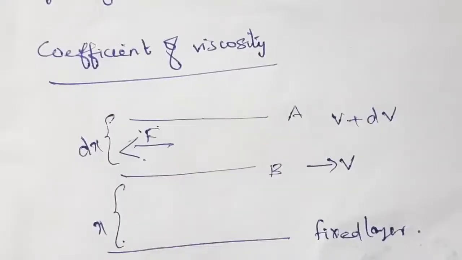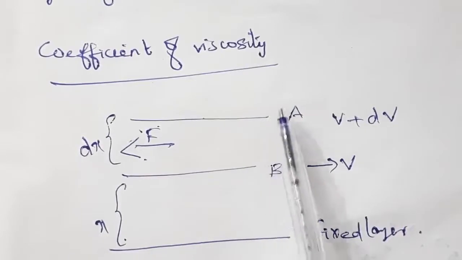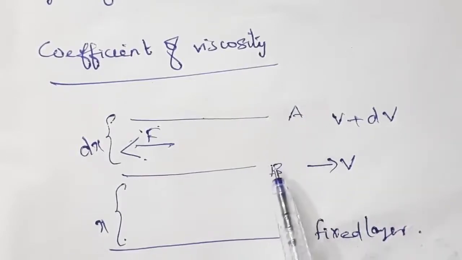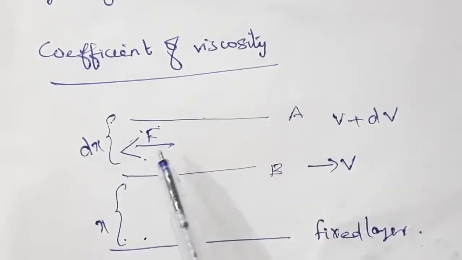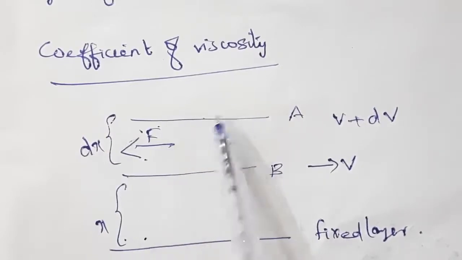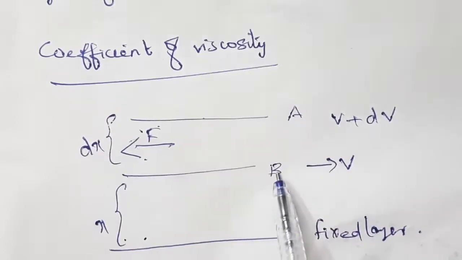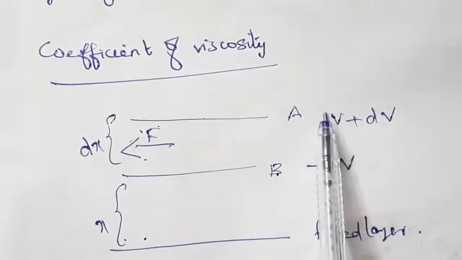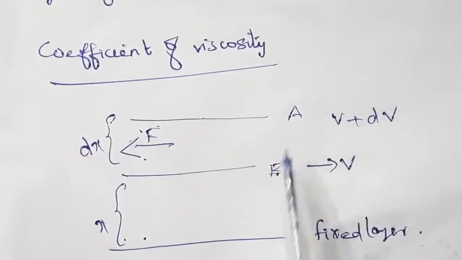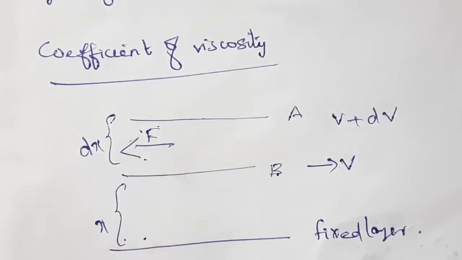We have considered a liquid flow. The layer 1 is fixed at the bottom, and two parallel layers A and B are considered at a distance of x and x plus dx. The layer B is at a distance x, layer A is at a distance x plus dx, and the velocity of the fluid at layer B is v and at layer A is v plus dv, because the velocity gets increased when moving away from the fixed layer. So automatically there is a relative motion, and the viscous force occurs.